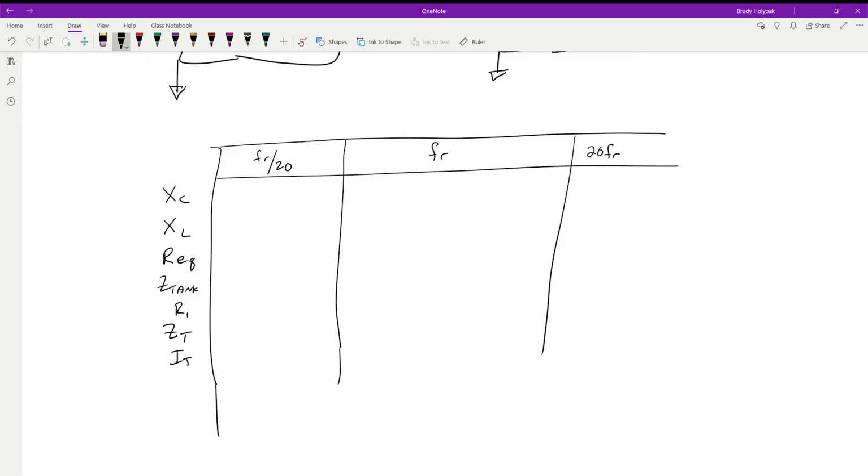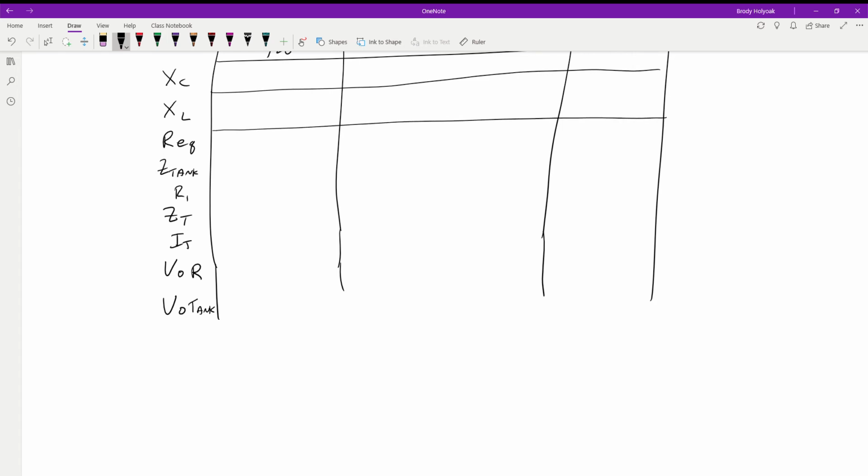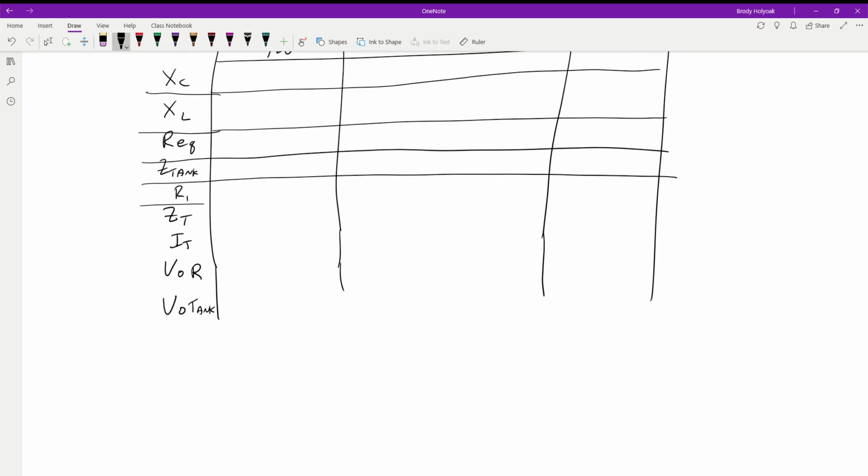And last but not least, we're going to look at the voltage out when we go across the resistor and the voltage out when we go across the tank. So let me just flush out my chart, get everything nice and organized.